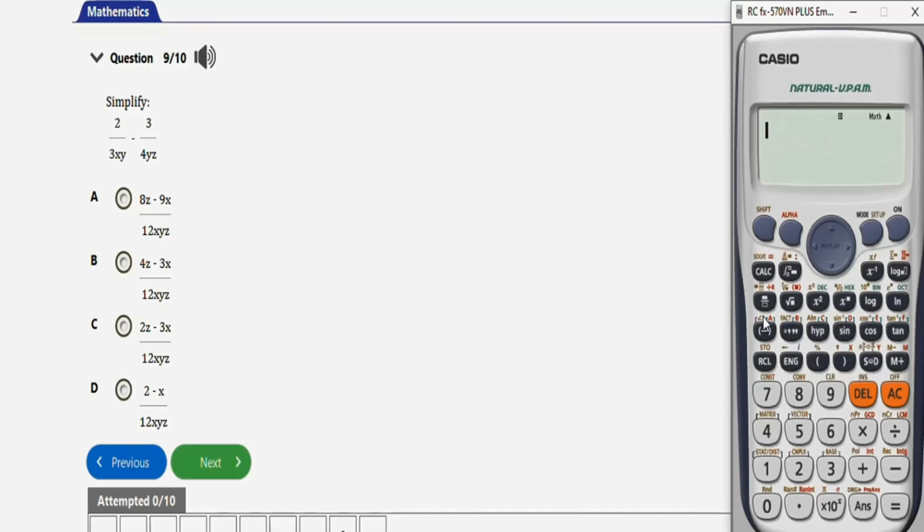So let's begin with option A. Okay, so we have 8z, that's 8a. Okay, minus 9z, that minus 9 alpha x over, we have 12 x y z.